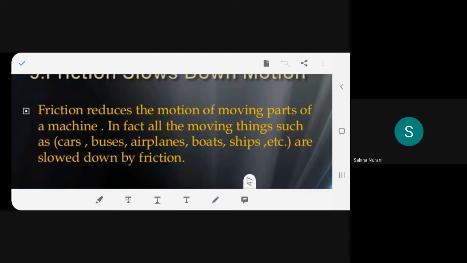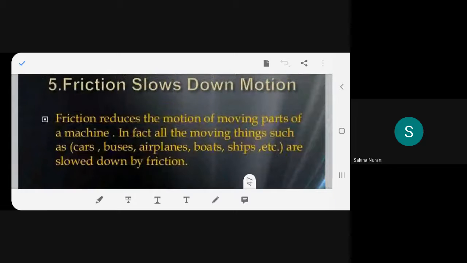What is friction actually doing? It is slowing down the movement of the object, whether it is forward or backward. Whatever is a moving part of a machine, it is reducing the motion. For example, cars, buses, airplanes, boats, ships are not using the same speed as they can.